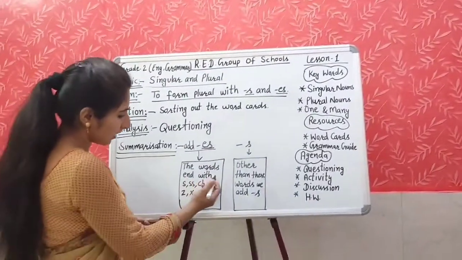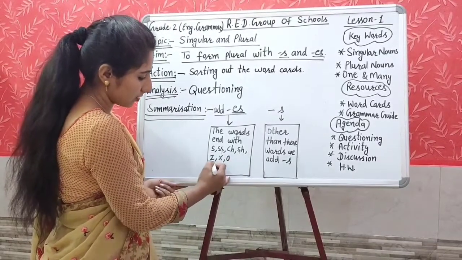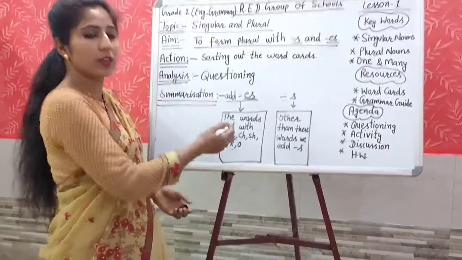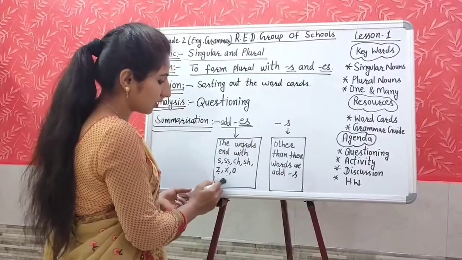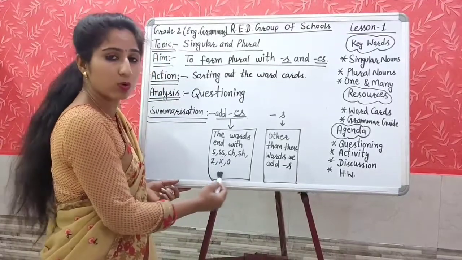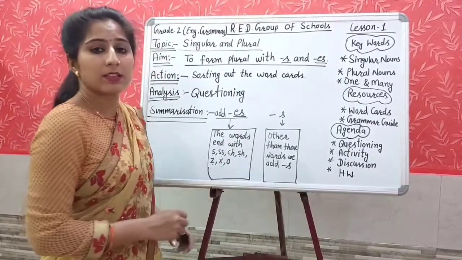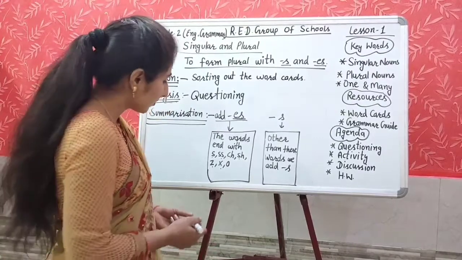The words which end with s, double s, ch, sh, z, x and o, we add es. And other than these words, which are not ending with s, double s and so on, to these words we add s, like boy, boys, girl, girls.